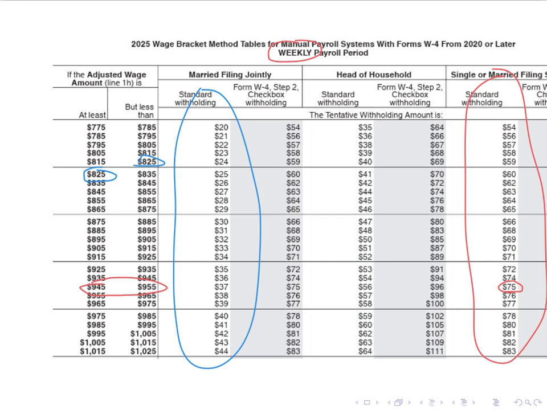So at least 825 includes equal to, but less than does not. So if it is one of the numbers that's on the cusp on both of them, it's going to be the one that includes the at least, because 825 is at least 825, but 825 is not less than 825. So we're going to go to this row, and we're going to see that it's $25.